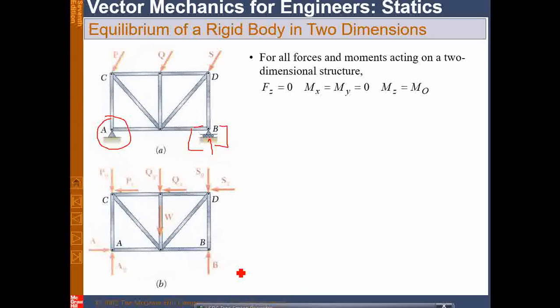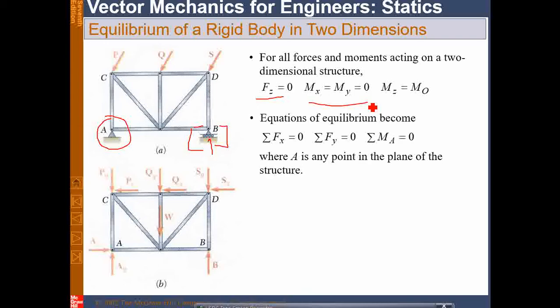Okay. So to maintain the equilibrium of the system, it's important that these forces and moment components should be equal to 0. And these are the simple equations of equilibrium in a two-dimension case. So there is no three-dimension. So the summation of all the forces along x and along y should be equal to 0.